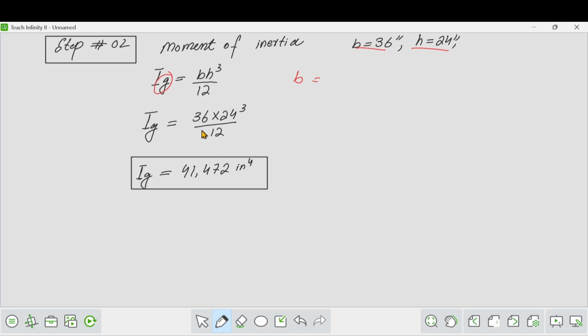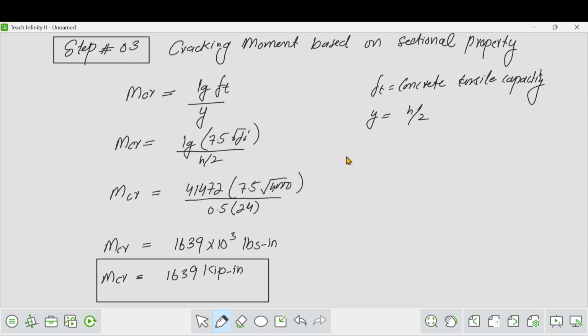If I plug in the values of b and h, I will get the value of Ig, the moment of inertia, which is 41,472 inch⁴.